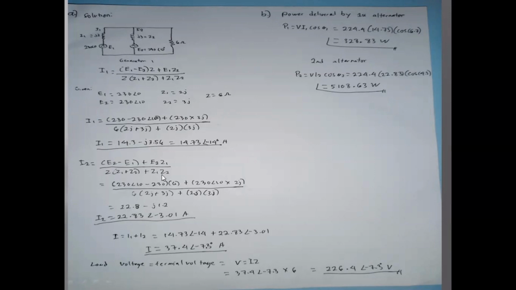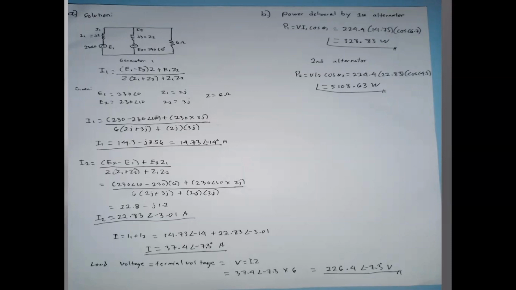Next we find the terminal voltage. The load voltage or terminal voltage V equals I times Z. I is 37.4 angle negative 7.3 and Z is 6 ohms. So the answer for letter A is 256.4 angle negative 7.3 volts.